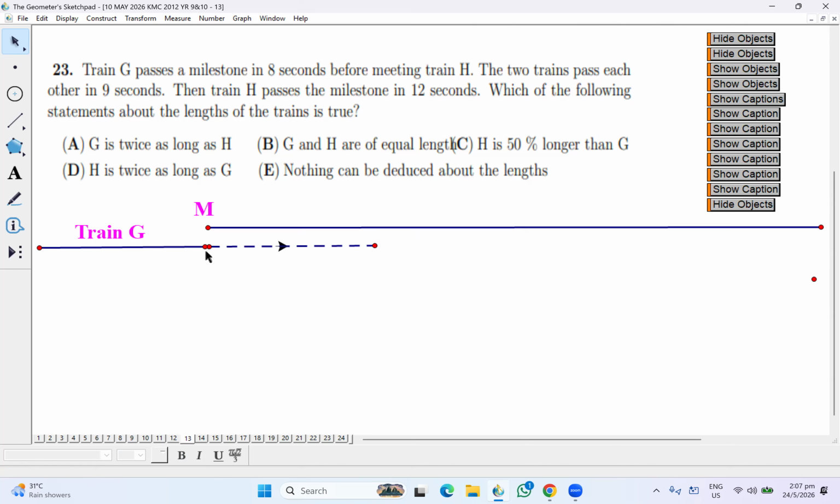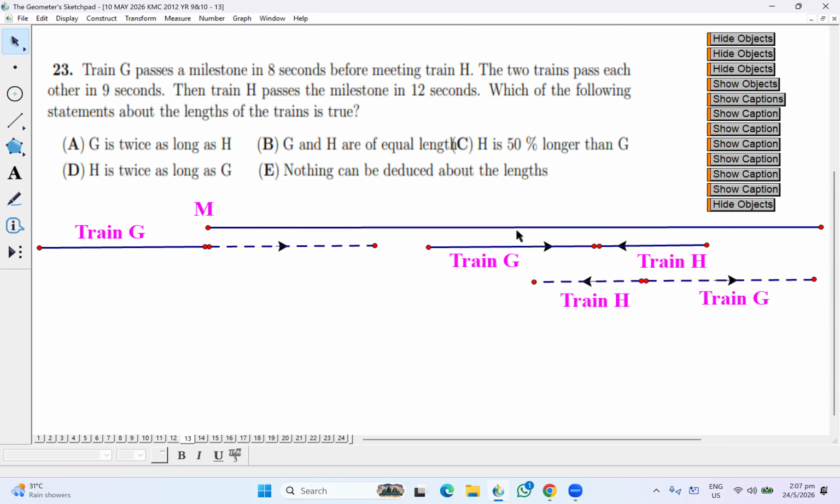Okay. Then the trains G and H meet each other and pass each other in 9 seconds. So this is at the start where they meet. And then after that, train H is now on the left and train G is now on the right. The ends are just together.